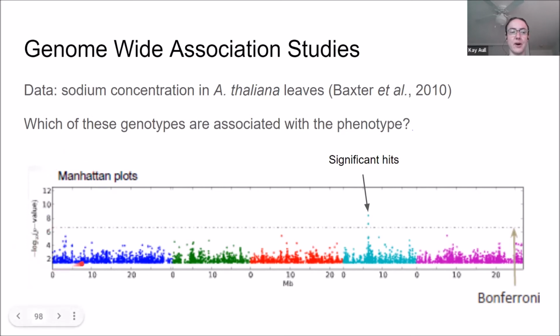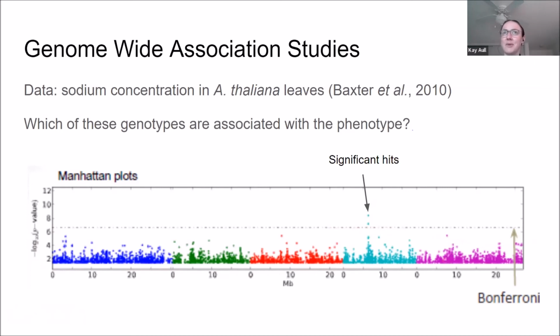And so you're puttering along your genome, and you're seeing the stuff that comes above this line, where this is where you would expect, if all of this was noise, you would expect these things to be below that line, even if you take an entire genome's worth of samples.